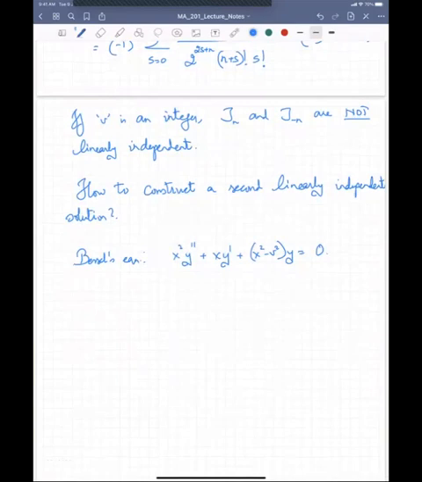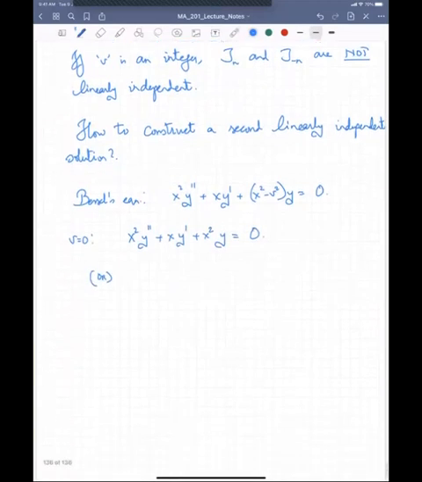That's the simplest integer that I can think of. So for nu equal to 0, this becomes x squared y double prime plus x y prime plus x squared y equal to 0, or if I divide through by x, I get x y double prime plus y prime plus x y equal to 0.